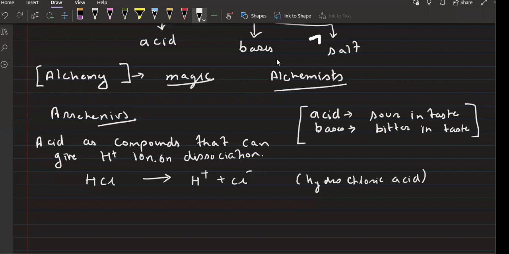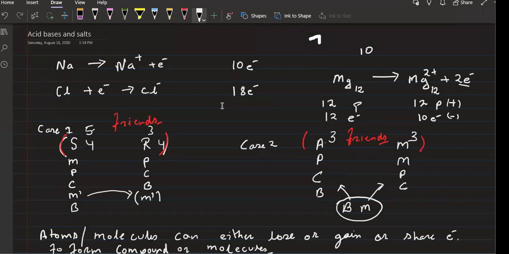Aditya, you can just watch the video once again and then make your own notes. Charged atoms are known as ions. Sorry, I forgot to say that. In this case, sodium is your atom, but Na plus is charged.